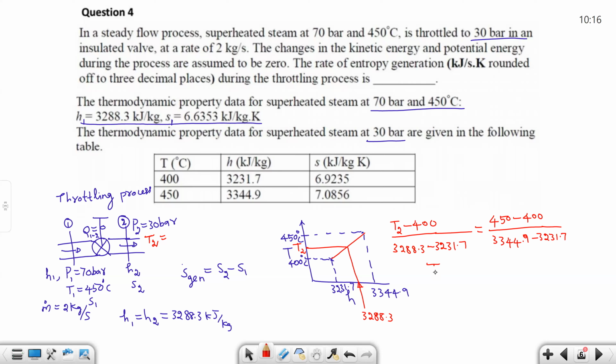So we get the T2 in degree centigrade, because here the temperature difference in degree centigrade will be the same. So we are getting the T2 by linear interpolation.